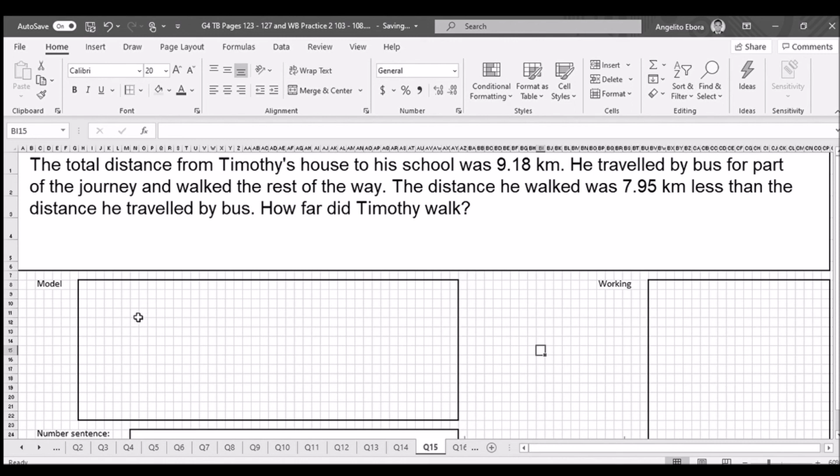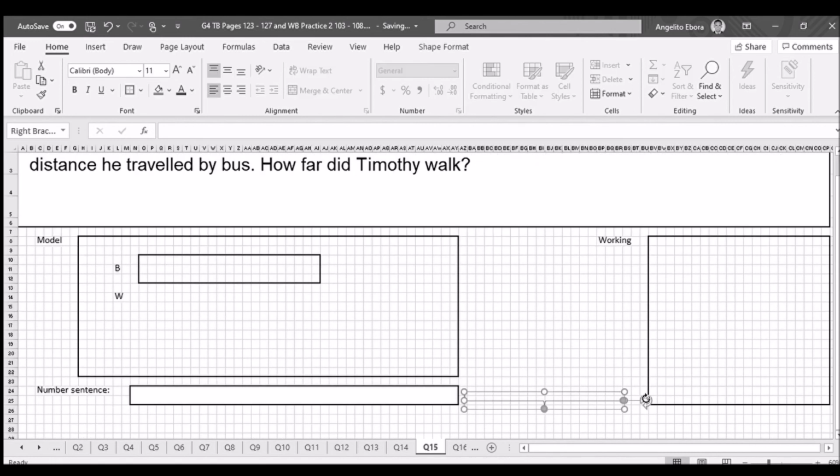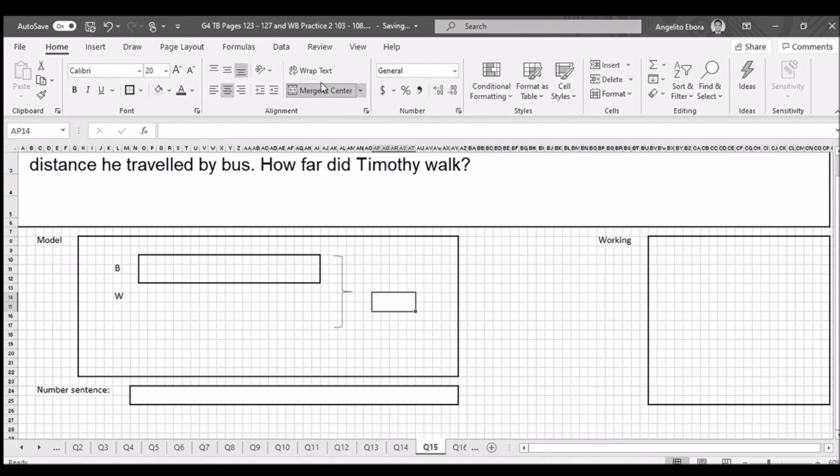Okay, so we have he traveled by bus and by walking. Okay, so let's say this is the part that he traveled by bus. Okay, and then the total distance. So this one, total is 9.18 kilometers.